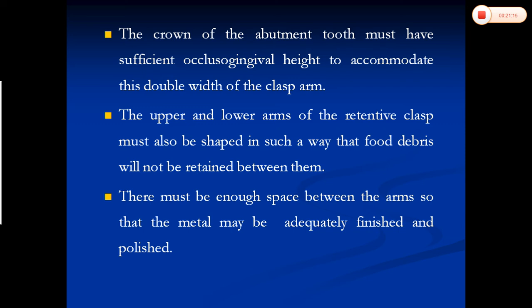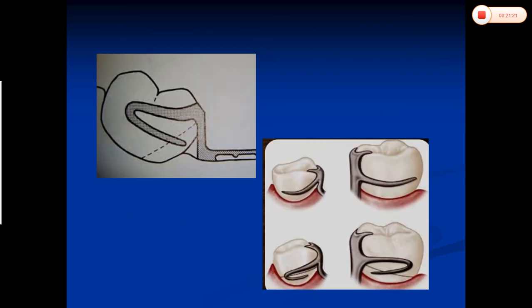The upper and lower arms of the retentive clasp must also be shaped in such a way that food debris will not be retained between them. The upper part and lower part of the retentive arm should be positioned properly. If they are placed too close, food will get lodged and it is difficult for the patient to clean.